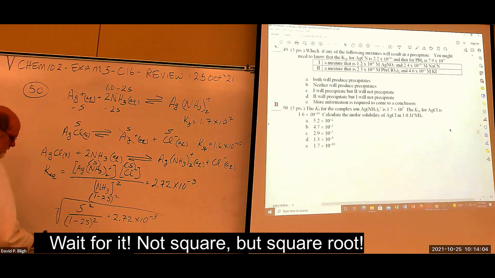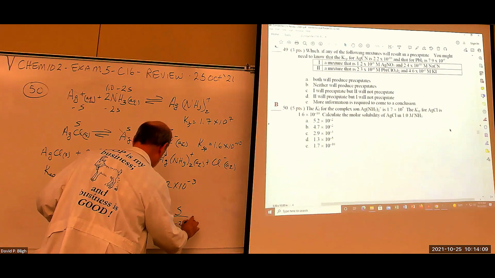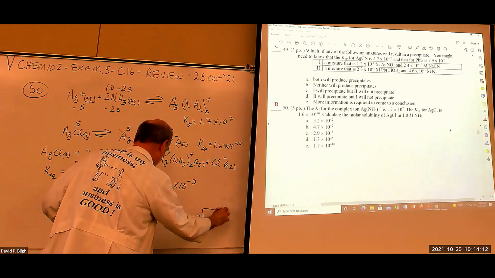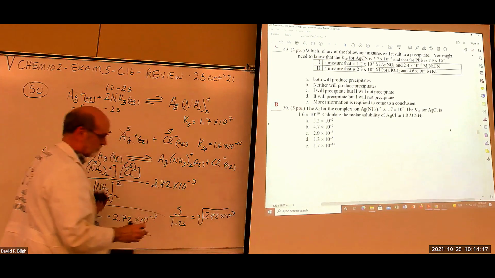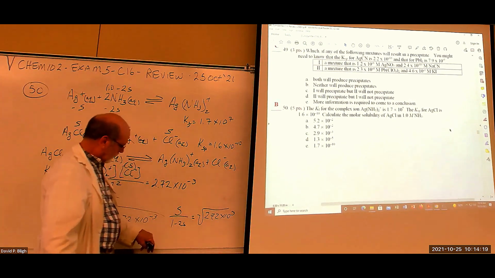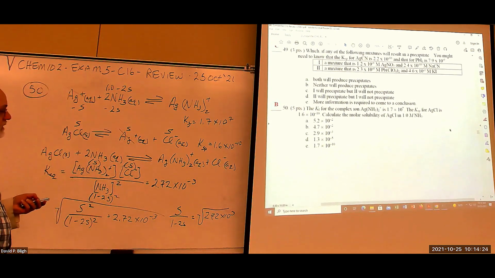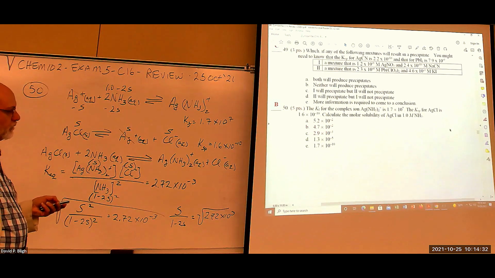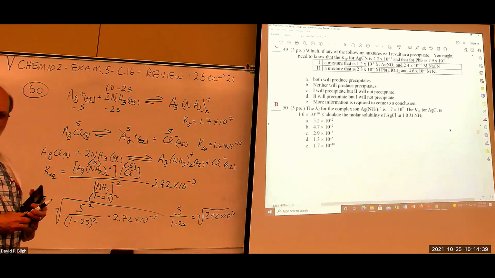The square root of this is S over 1 minus 2S, and that's equal to the square root of 2.72 times 10 to the minus 3. Now it's simple. Just take the square root of that and solve for S. And S should be 4.7 times 10 to the minus 2 molar solubility of silver chloride in 1 molar ammonia. Okay? Sort of.